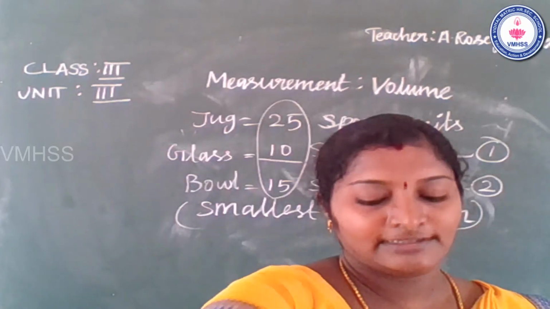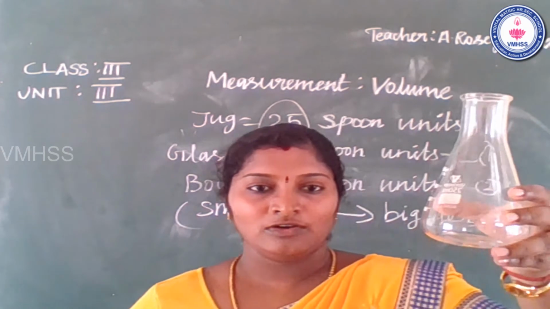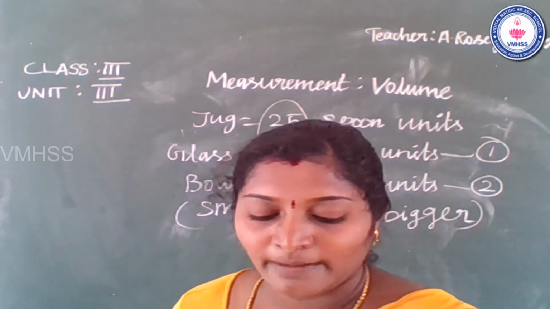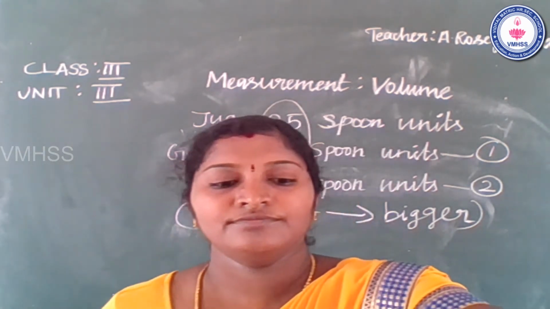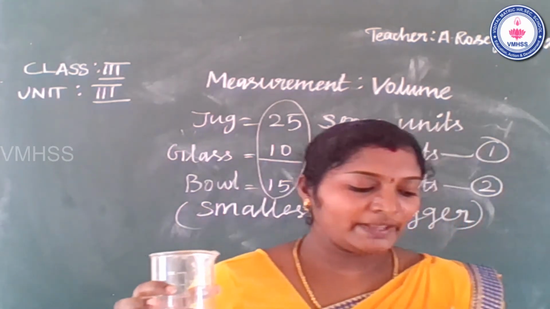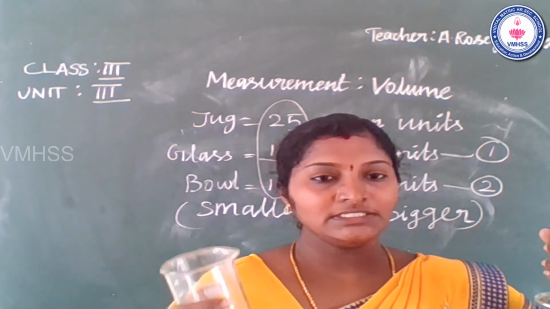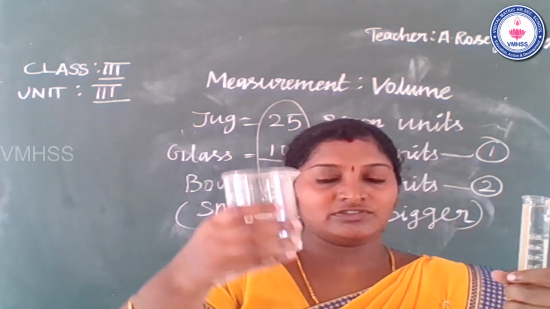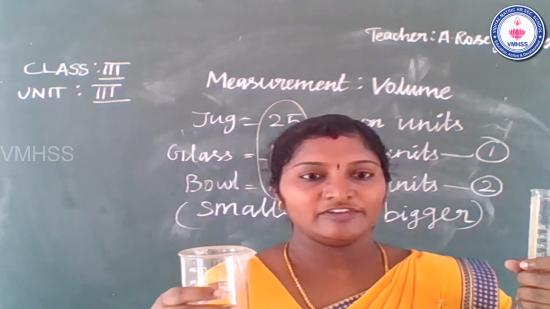For example, I have one beaker, and I fill the water in the measuring jar. See the question: Raju and Saumi had different containers, for example a beaker, a measuring jar and a conical flask.